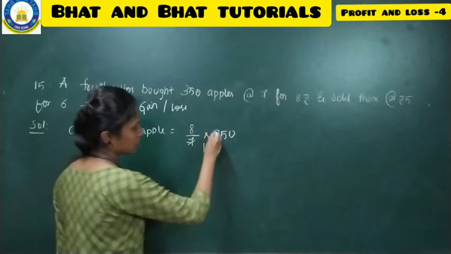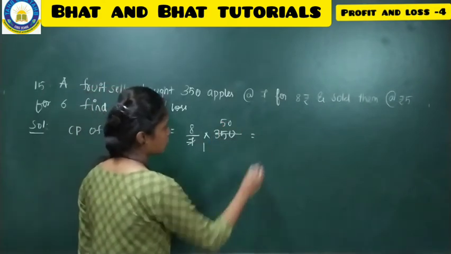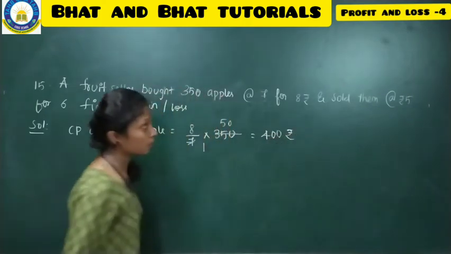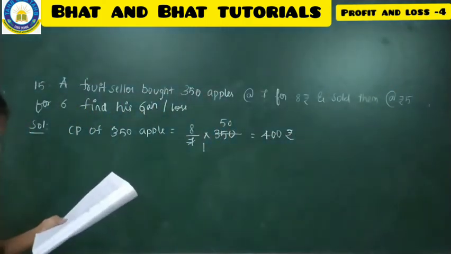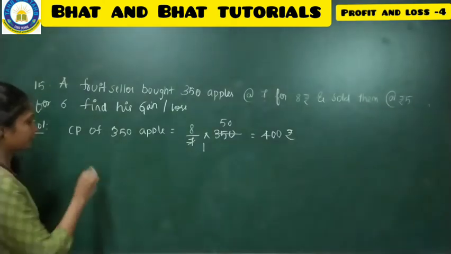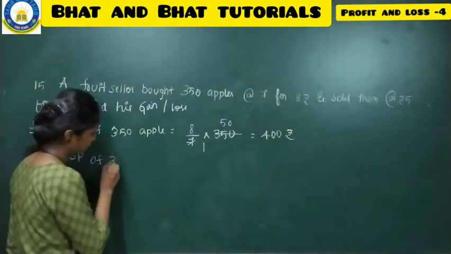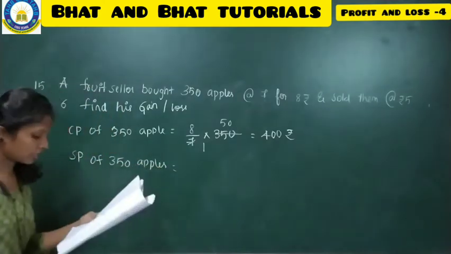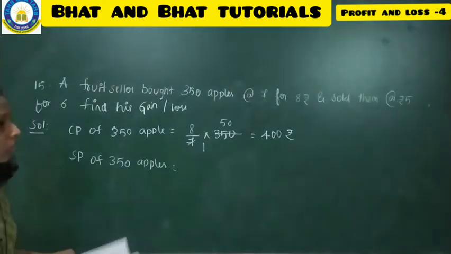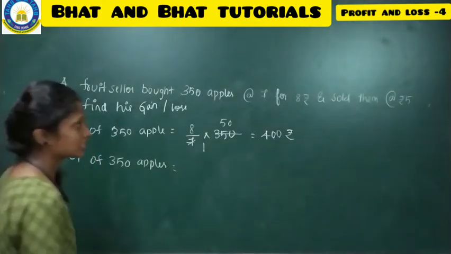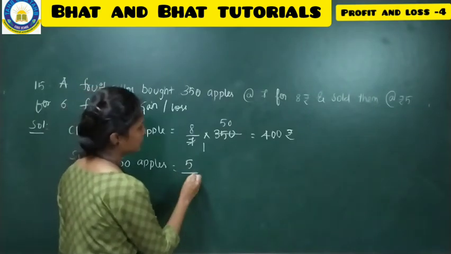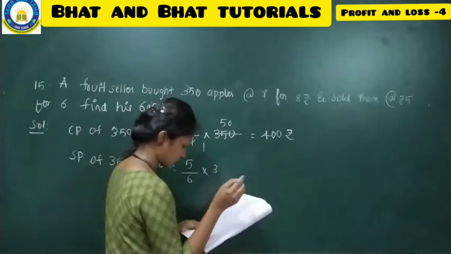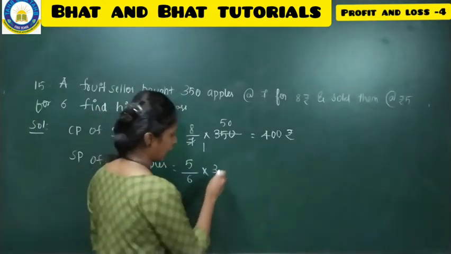So 7 fives are 35, 50 into 8, it is 400 rupees for 350 apples. Now we will calculate the SP of 350 apples. Look into the question. For rupees 5, he is selling 6 apples, and here he has 350 apples.